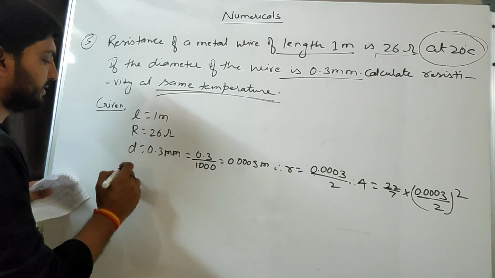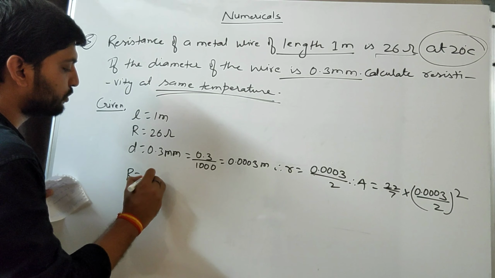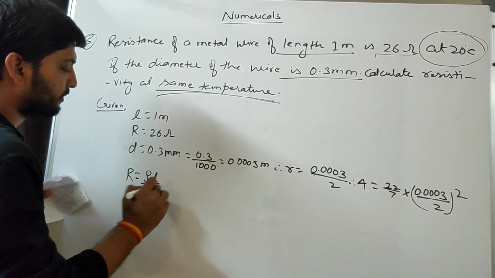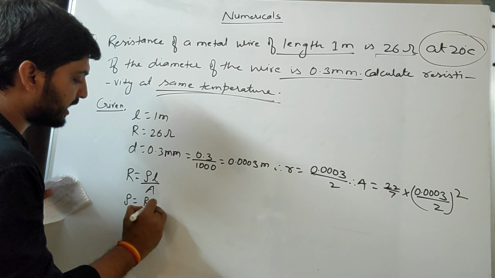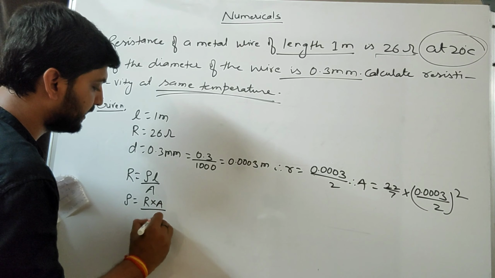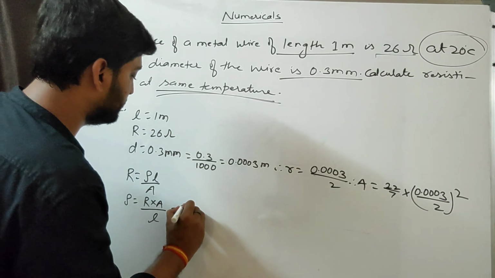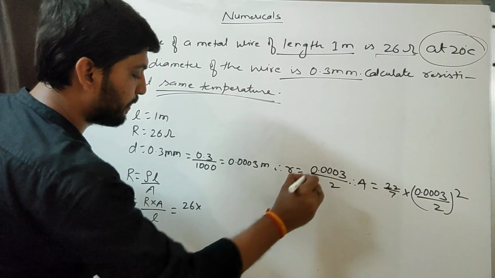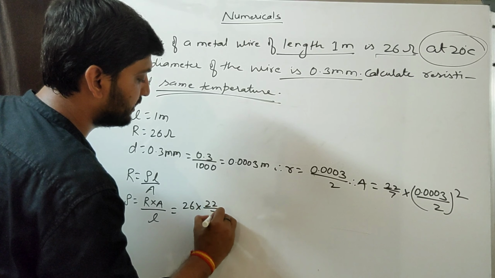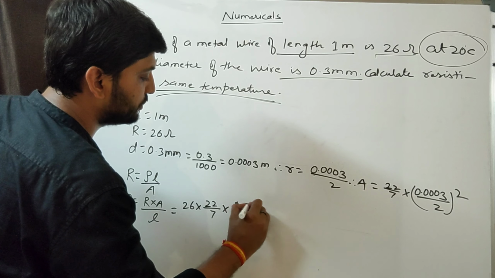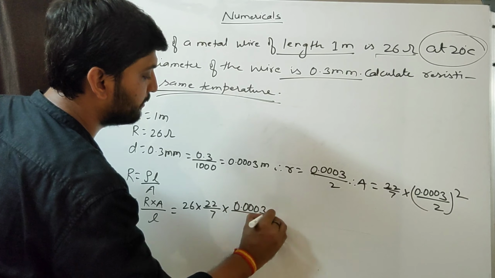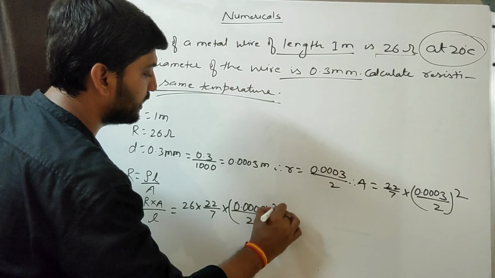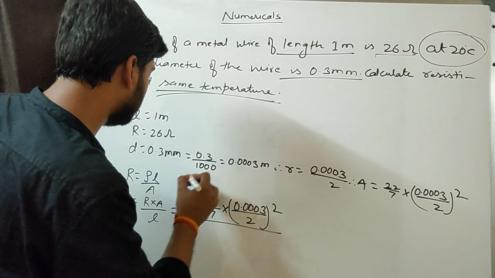So we need to find resistivity. R is equal to rho L upon A. From here, rho will be equal to R into A by L, which is 26 into 22 by 7 into 0.0003 by 2 whole square, whole divided by length.